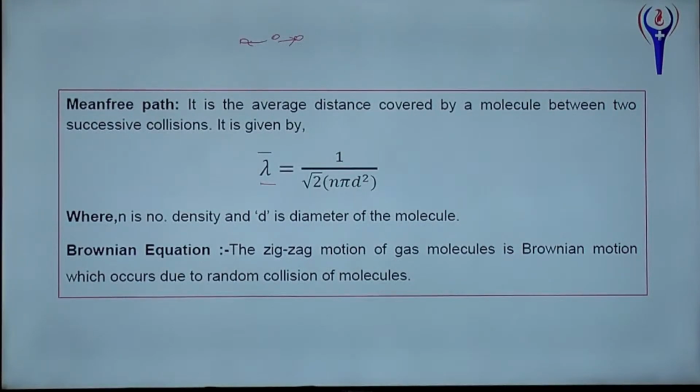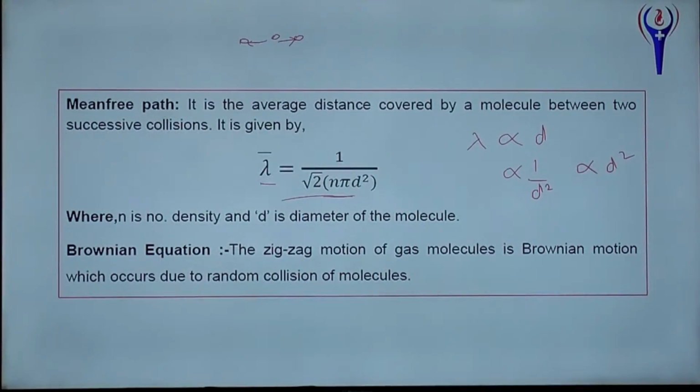Okay. In this, many times, not only problems, the formula will be asked directly many times. That is, lambda, the average distance, is proportional to d square, or inversely proportional to d square, like that. Different formulas like that. Many times questions will be asked in this way.